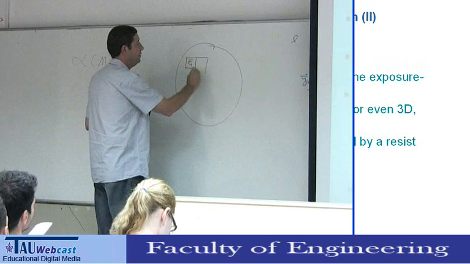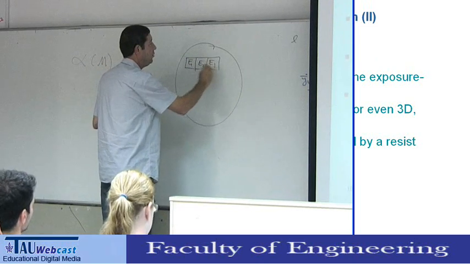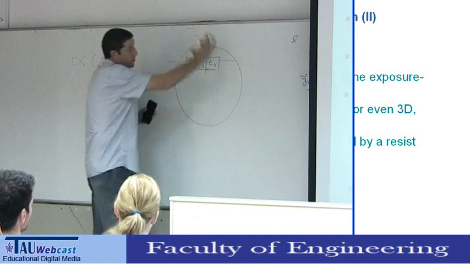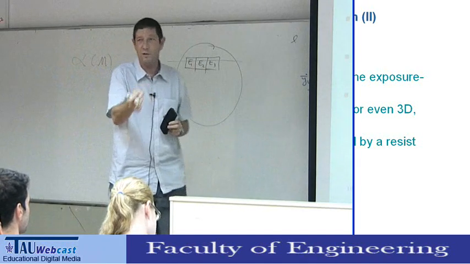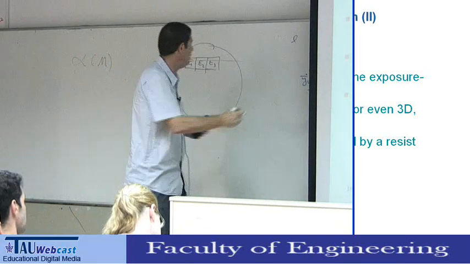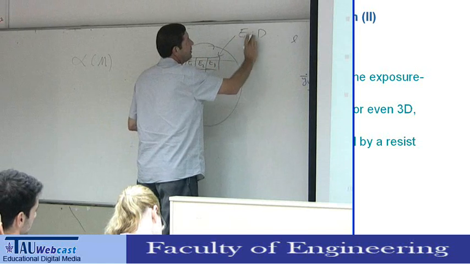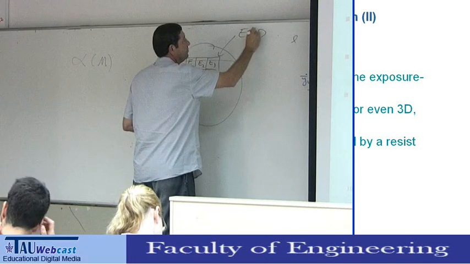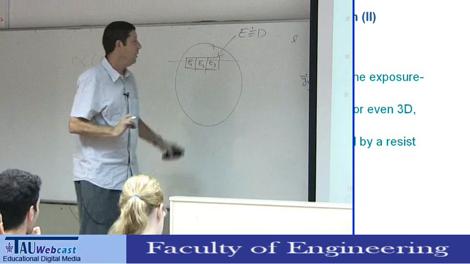Then you expose the next die, E2. The next die, E3. So you can expose a whole row or certain places with a different energy, because you can control the time of the exposure. So you can control the dose. Each one is a different energy or D. For me it's the same. E or D, energy or dose, I refer to the same value.